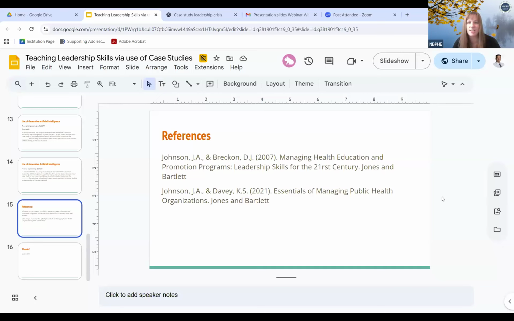The first question that just came in is, what strategies have you found most effective in helping students translate what they learn from case studies into real-world leadership behaviors? Well, that's a good question.